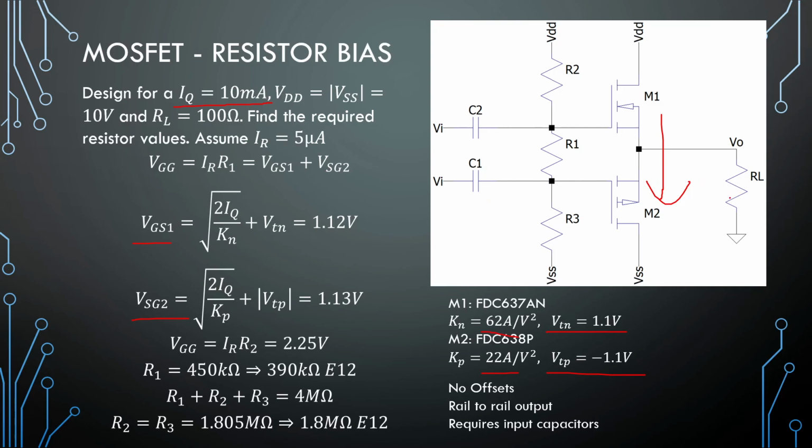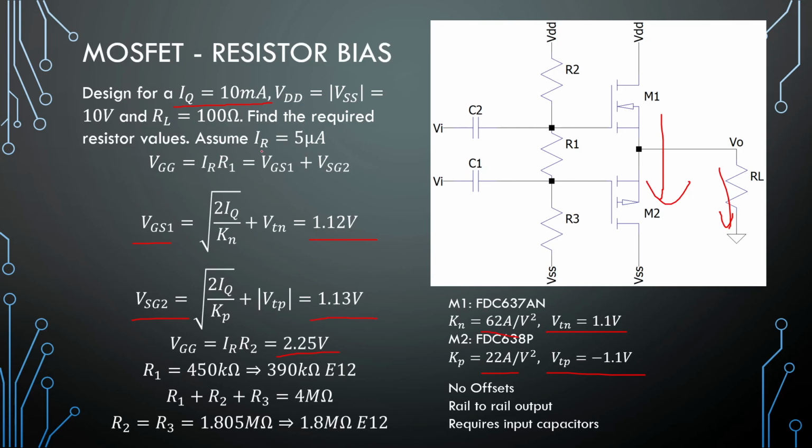You usually design for 10% of your load current. You will find this at 1.12 and 1.13 volts respectively, and adding those two will give you 2.25 volts for our VGG value.